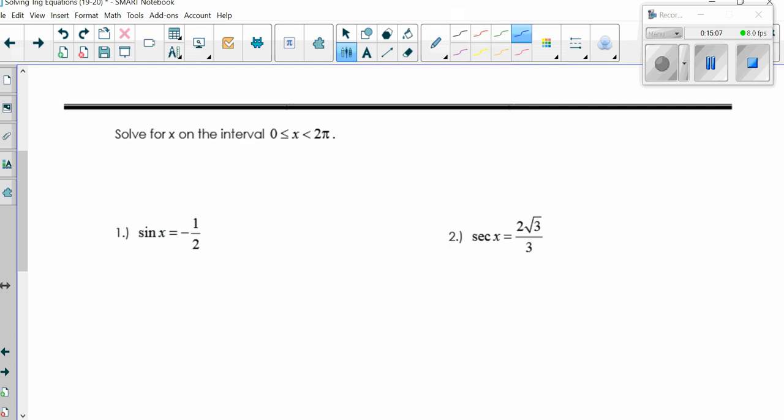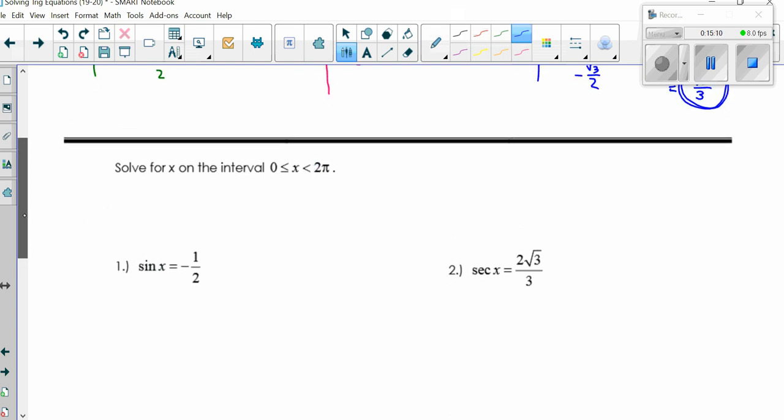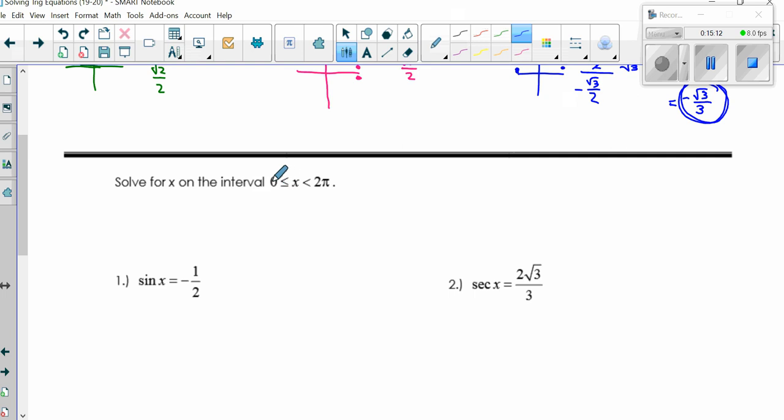Okay. This interval is the same interval that we dealt with last unit, but I'm just going to write it out so that we see. This means all x values between 0 and 2 pi, including 0.